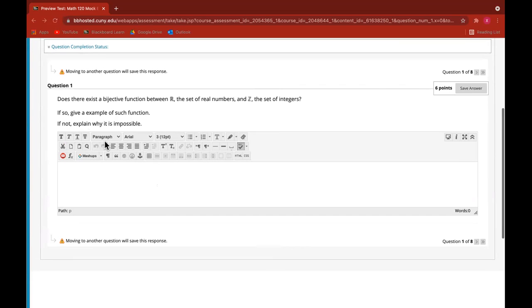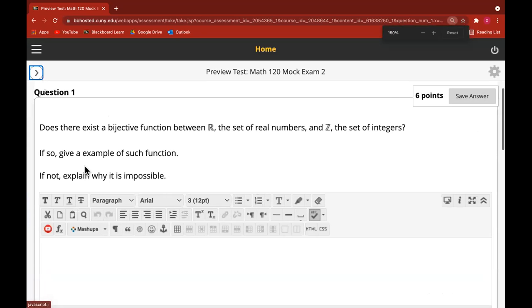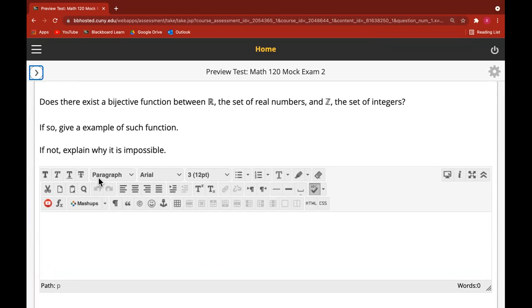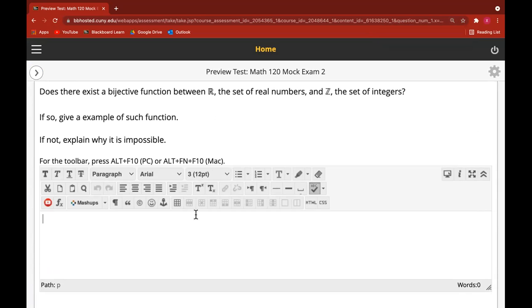Okay. So here it's asking, does there exist a bijective function between the set of real numbers and the set of integers? So what's the answer here? Okay, I see people say yes, there exists. Now, if there exists, what's your bijective function?